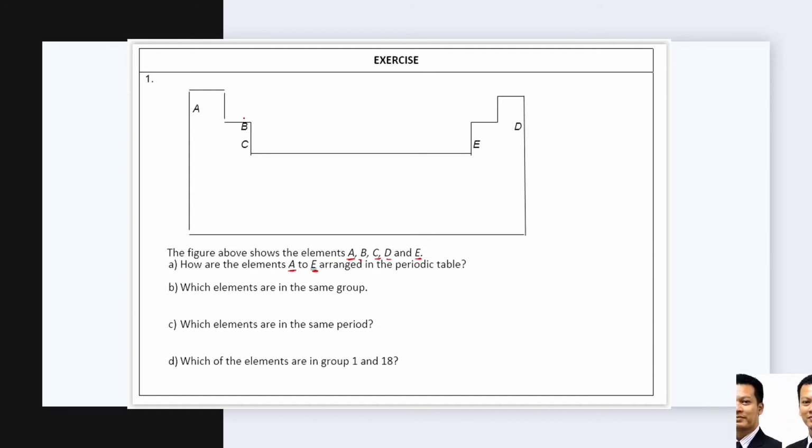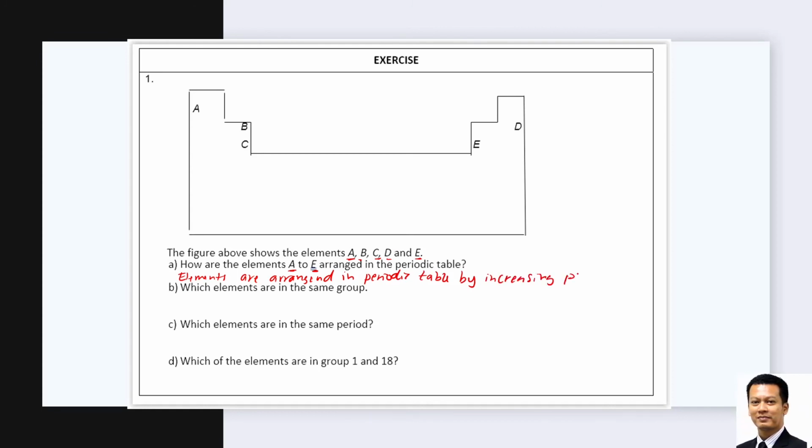If you refer back to the definition, elements are arranged in the periodic table by increasing proton number.